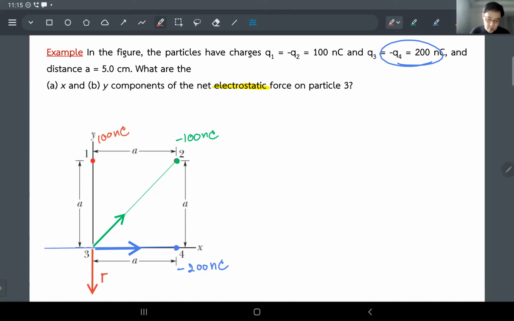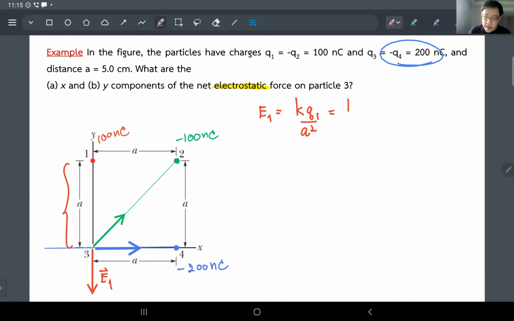We can figure out the magnitude of E1 easily: it's going to be k Q1 over, of course, the distance, which is a squared. You can plug in the numbers here if you want, but I still recommend that you don't do the full calculation just yet, just substitute it in if you prefer.